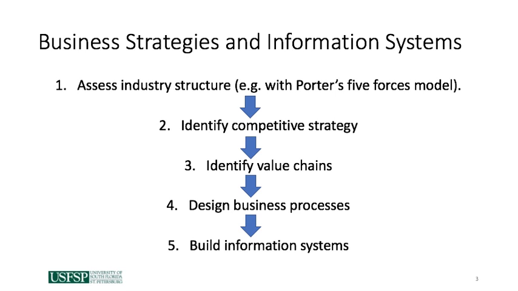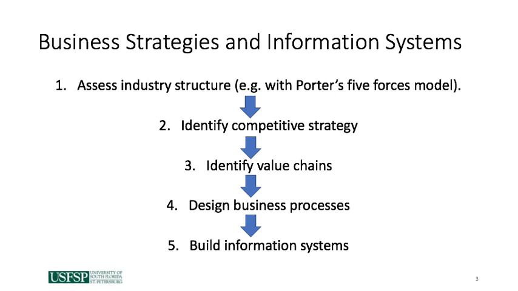2. Identify a competitive strategy which allows an organization to create a competitive position within the marketplace. 3. Identify value chain for the organization, essentially a high-level analysis of the activities an organization should perform to realize its competitive strategy. 4.